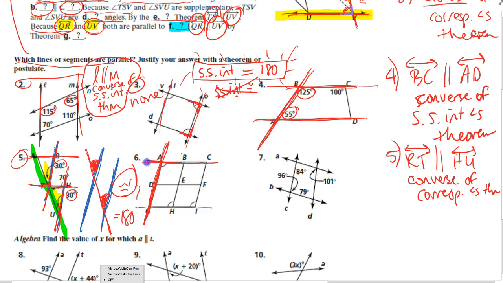If this AC, these 2 horizontal ones, are the candidates for parallel, they're showing me something about angle A. Oh no, there's no angle down here that has that same arc to show that they're congruent or that they can be matched up.